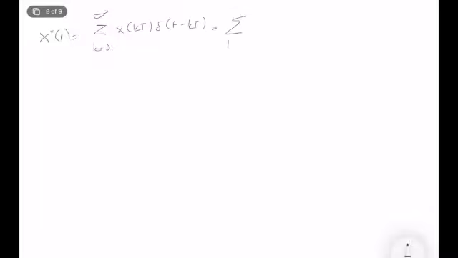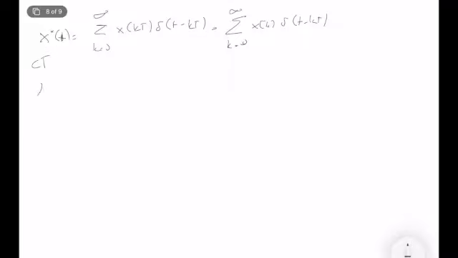Since I claim that x star of t is a continuous time signal, what I can do is take its Laplace transform, right? Because it's continuous time, it's not discrete. It looks like discrete, but we have time. If I have time, I can take the Laplace transform.